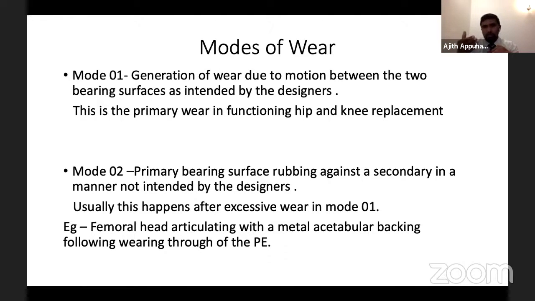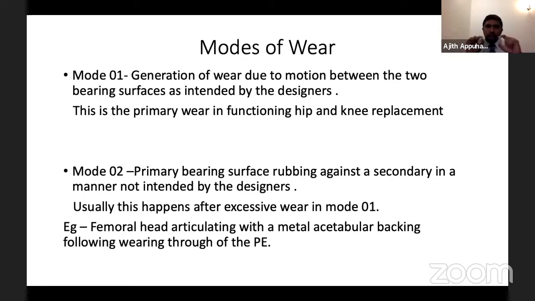Example, in total knee replacement, the femoral metal part and the polyethylene spacer. Those are articular surfaces, intended by the designer to slide on each other. So those are bearing, those are the primary wear. So it is mode 1.